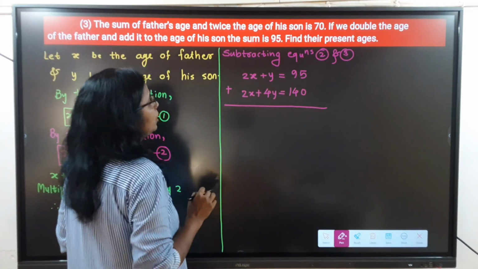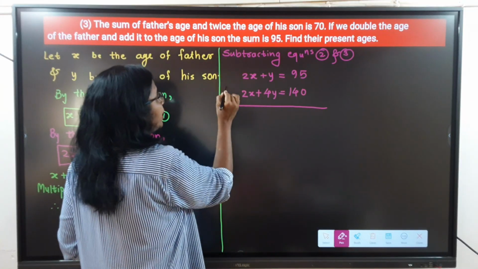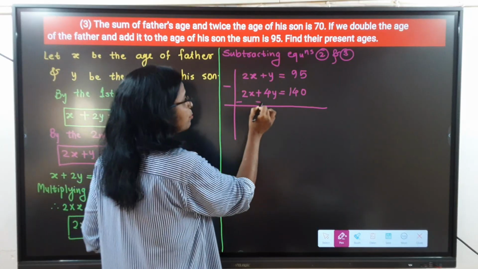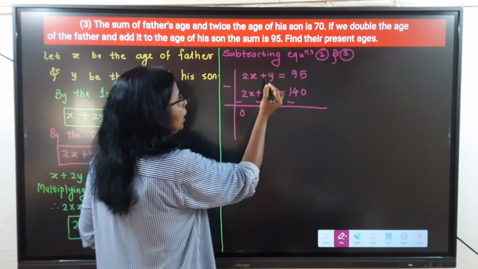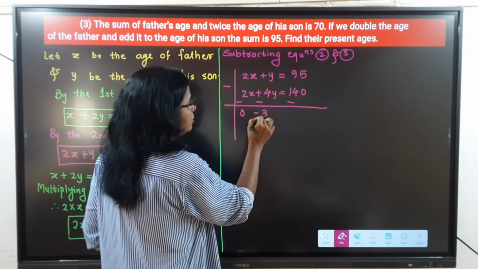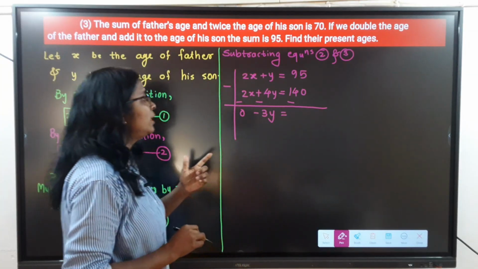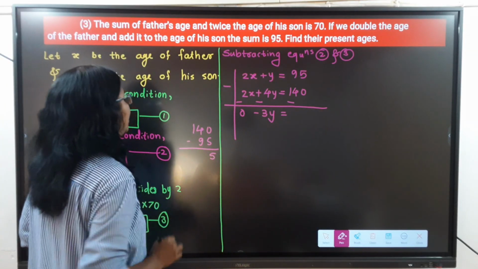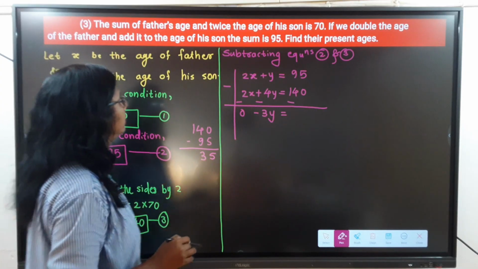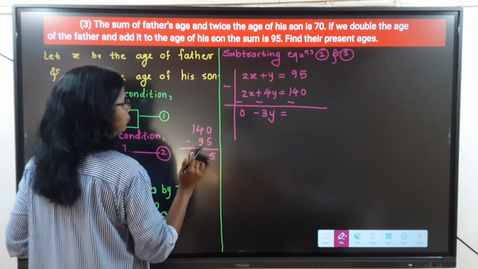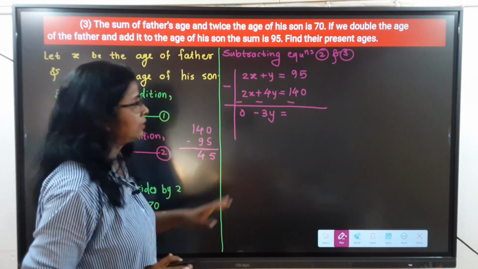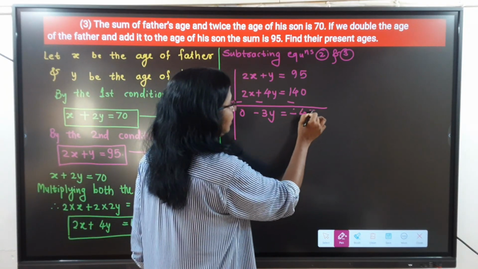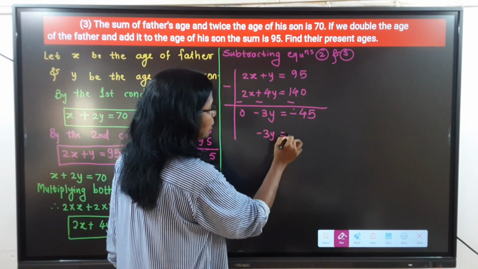Subtracting, we change the sign. So 2x minus 2x is 0, and y minus 4y is minus 3y, is equal to 95 minus 140, which is minus 45. So minus 3y is equal to minus 45.